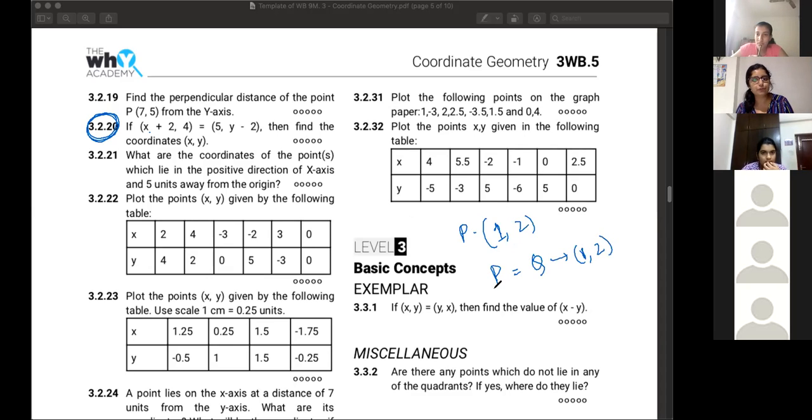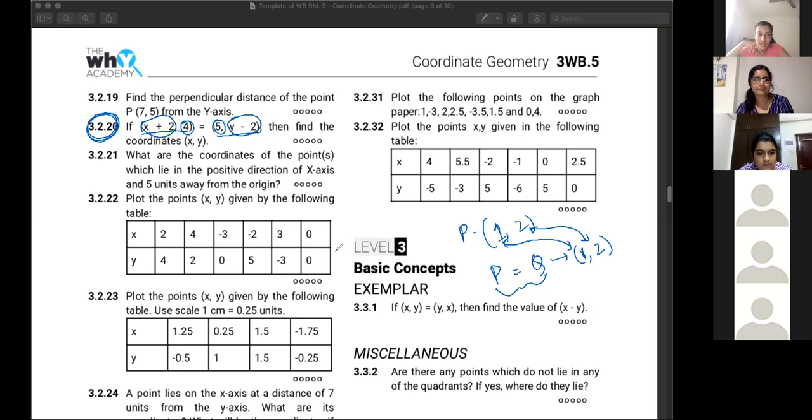So basically, if 2 points are equal, it means that their x coordinates should be equal and their y coordinates should be equal to each other. In this case, you're given that this point is equal to this point. This means its x coordinate will be equal to this, and its y coordinate will be equal to its y.